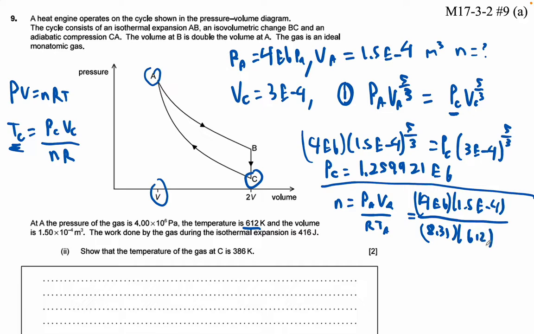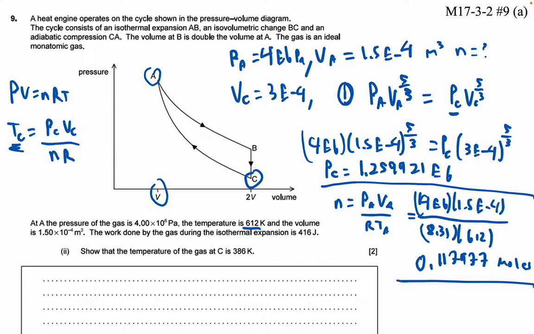So 4E6 times 1.5E minus 4 divided by 8.31 divided by 612. It's not very much. The moles are 0.117977 moles. So let's store that in alpha n for moles.